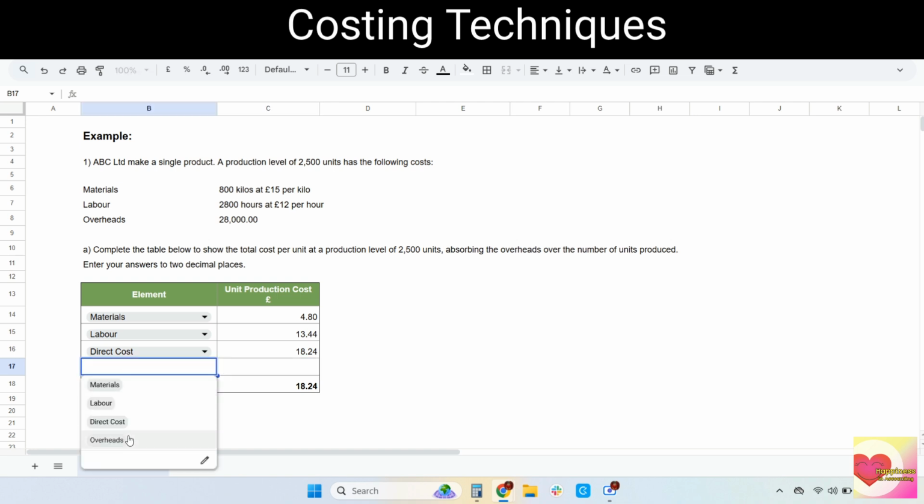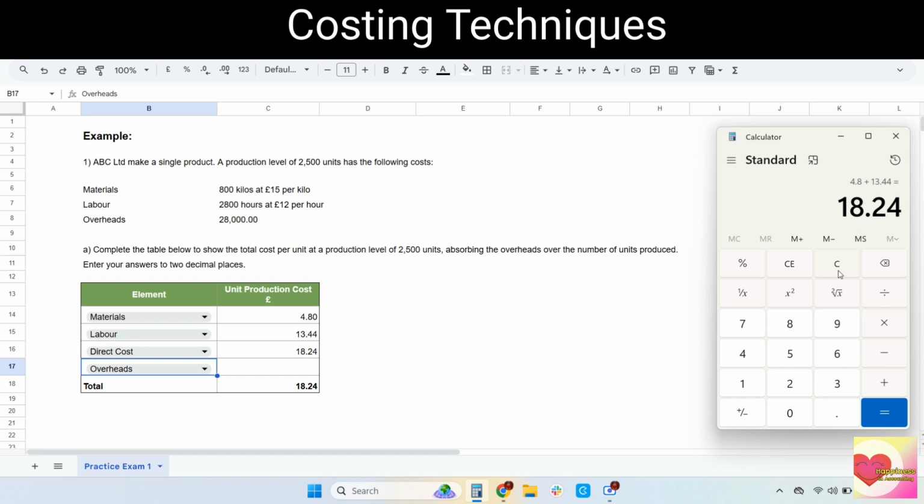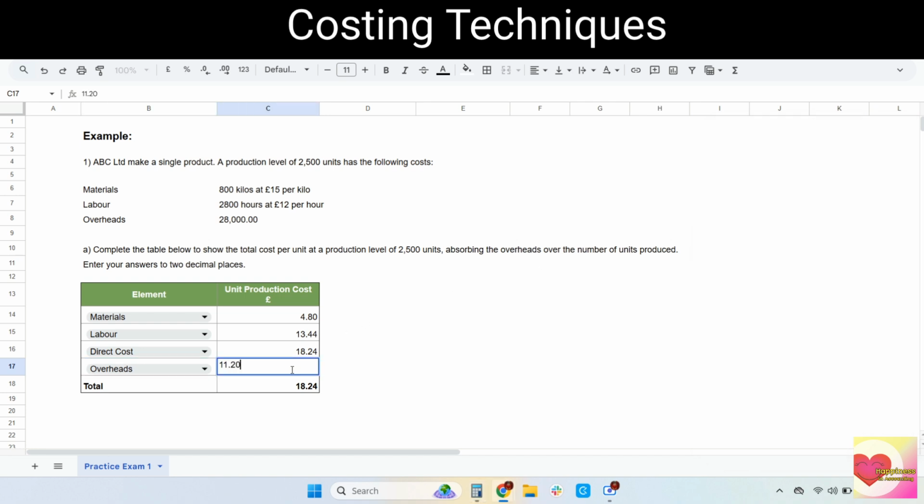Since 28,000 is the total overhead cost to produce 2,500 units, let's divide it by the number of units, and we got £11.20. Then double check your calculations for each row by calculating them again. Then double check this total here. It should be the total of the materials, labor, and overheads.